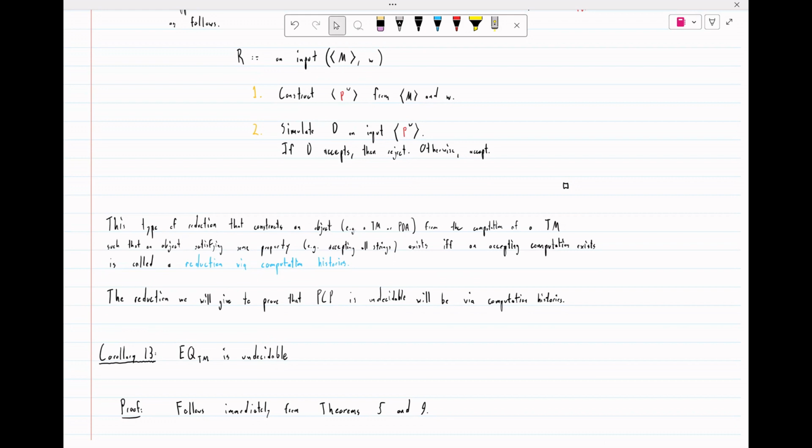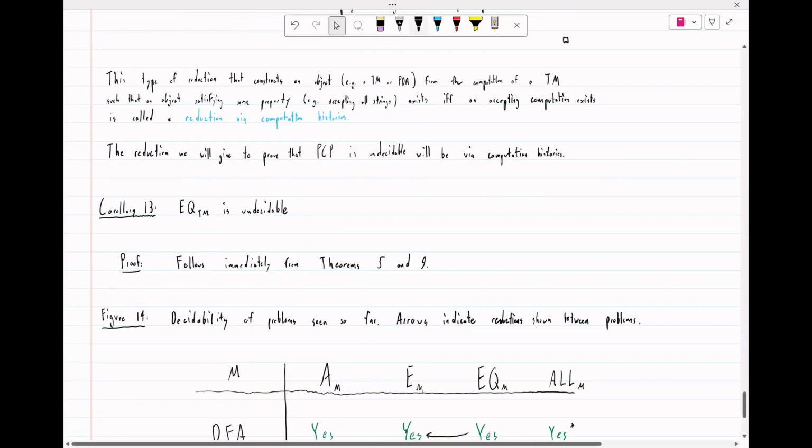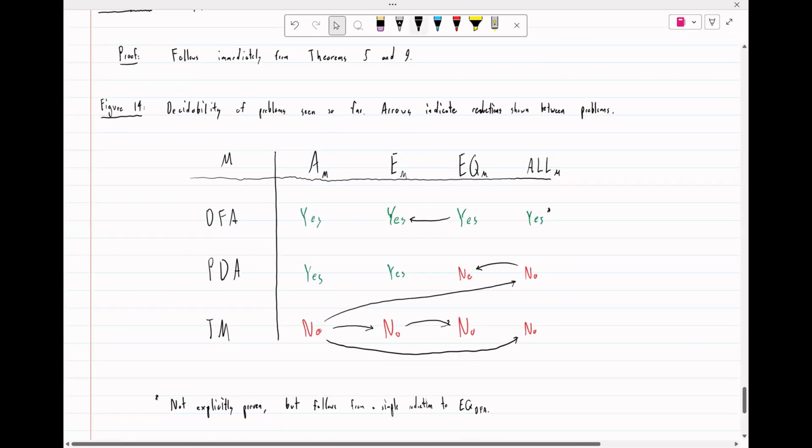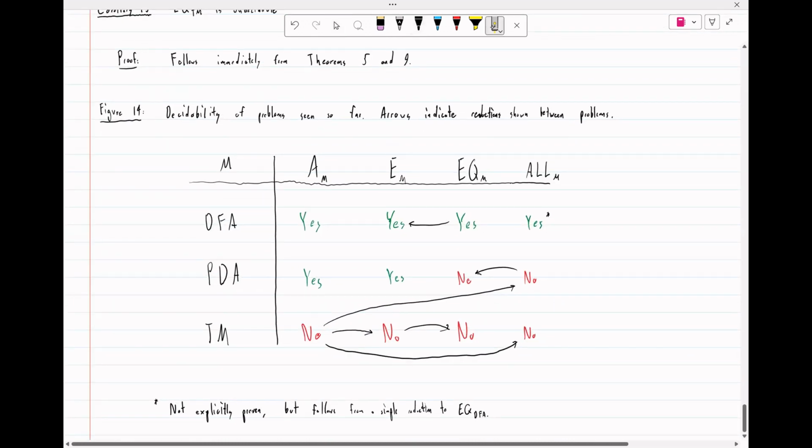And to recap where that leaves us, my screen would be so kind as to unfreeze. This is now what we have shown so far. It's a fleshed out version of the table that we saw at the beginning of the class. What we've shown now is we introduced this language ALL, right? And we showed that it was undecidable for Turing machines and PDAs.